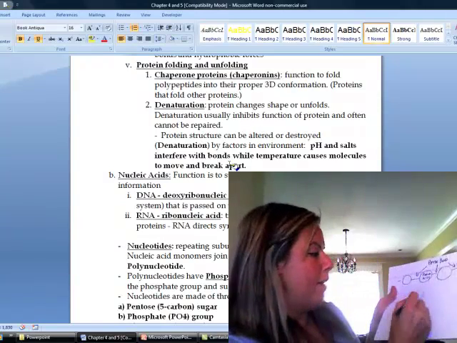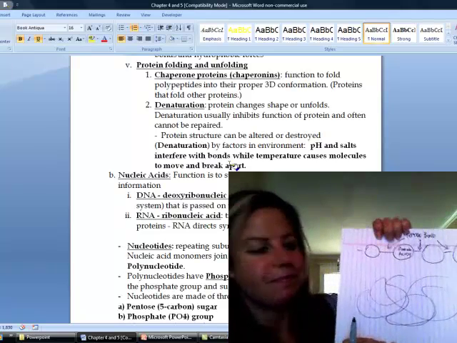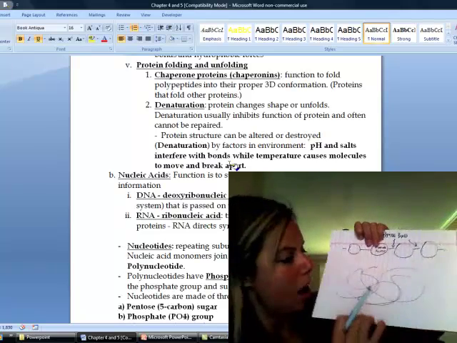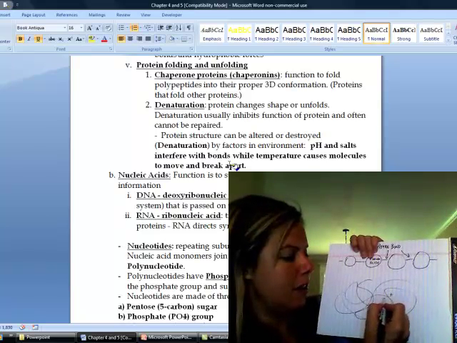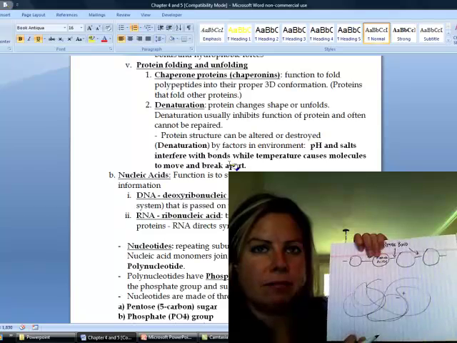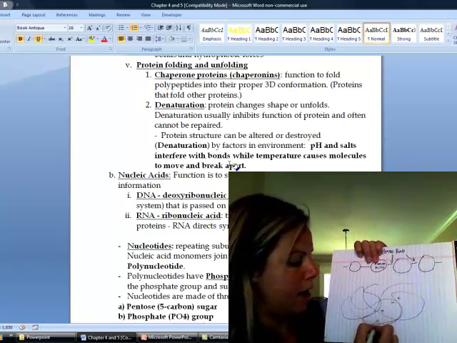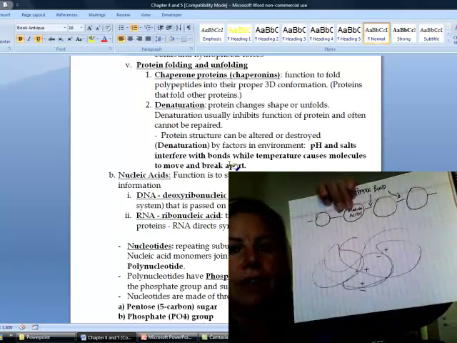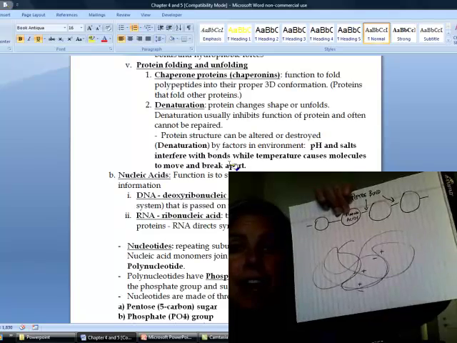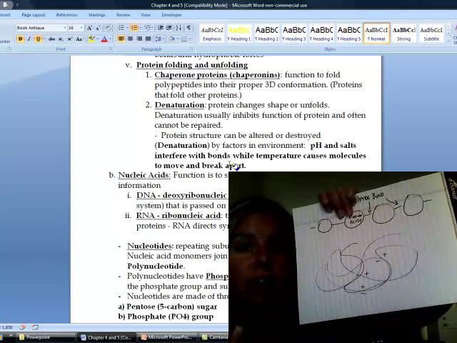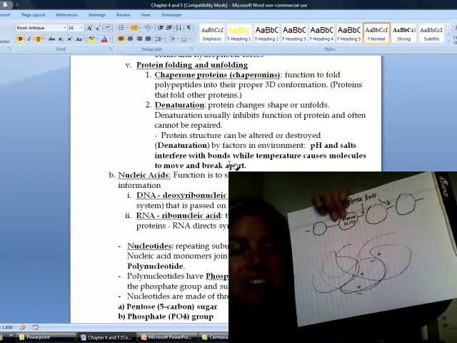So if that's your protein, very artistic. One thing that might be holding this protein together is ionic forces like that. Pluses and minuses attracted to each other, like that, and like that. So what's going to happen is if you change the pH, you're either increasing the amount of pluses around or decreasing them, right?